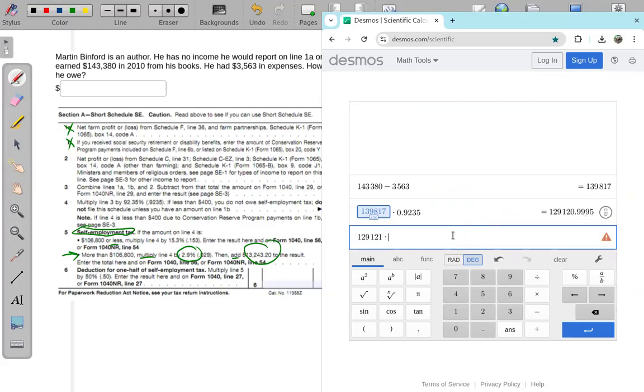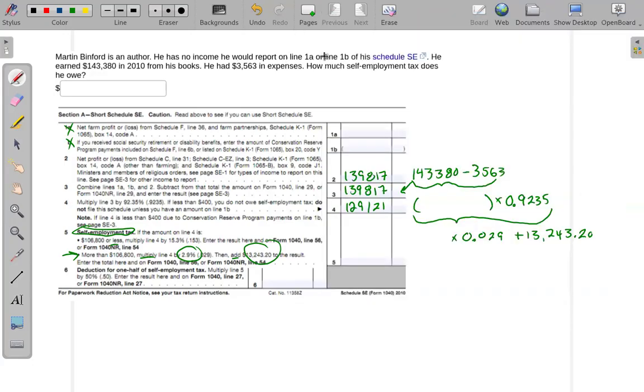That gets multiplied by 0.029, and then we have to add to that $13,243.20, which gives us, to the nearest dollar, $16,988. So that would be here, $16,988, my final answer there and here.